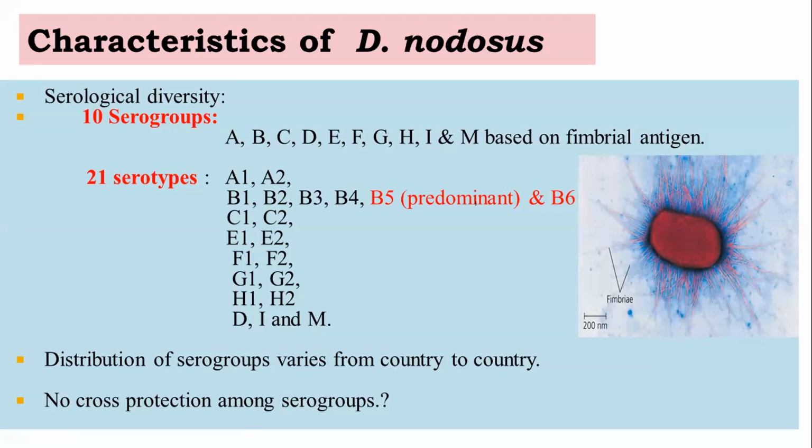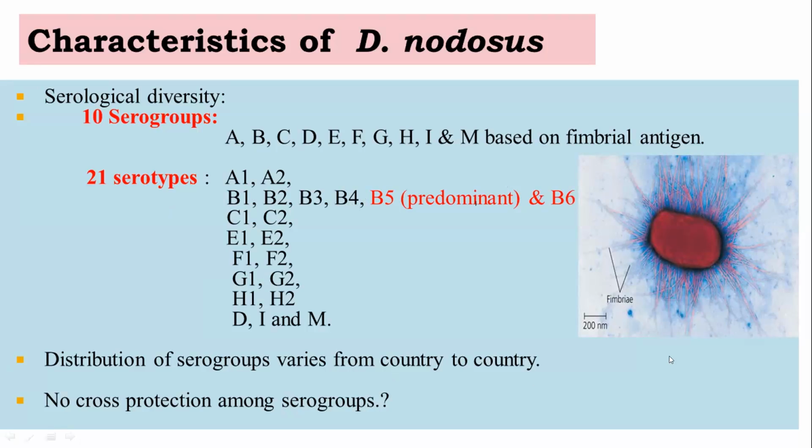Serogroup A is divided into 2 serotypes, and C, E, F, G, H are divided into 2 serotypes, while B is divided into 6 serotypes on the basis of variation in the fimbrial antigen. After 2013, there were only 4 serotypes in serogroup B. But now our laboratory has added 2 more serotypes to this serogroup, B5 and B6. And B5 is the predominant serotype in J&K.